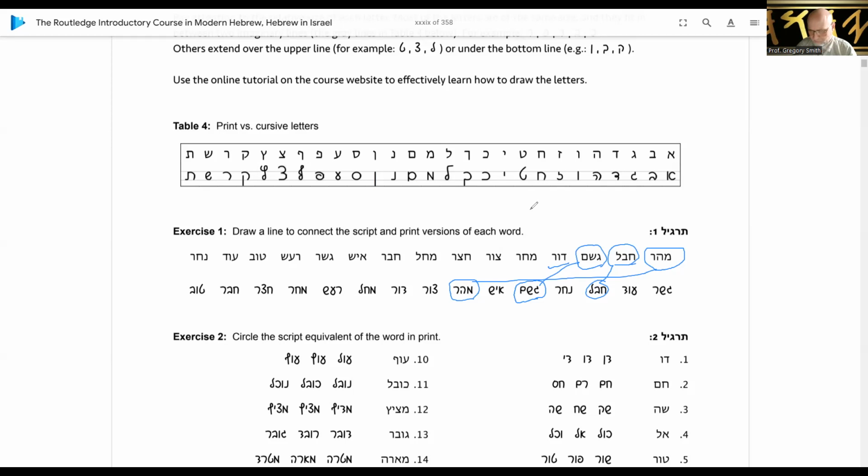Dur. Okay, generation. Yeah, dur. The next one is generation, and that starts with a Dalek. So see the Dalek looks like this little pigtail thing. So let's look for one of those.